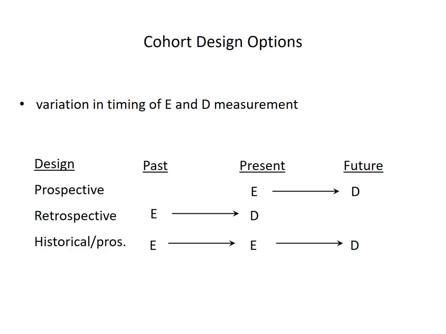In a retrospective design, we start by looking back at the past with the exposure, and we follow up the patient in the past until the occurrence of the disease. In a historical prospective design, we assess the exposure in the past, we assess the exposure in the present, and we follow up the subject into the future.